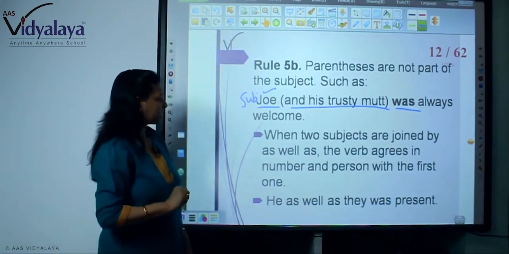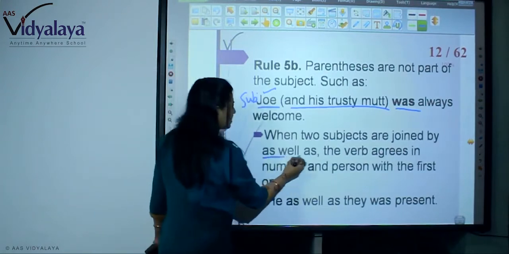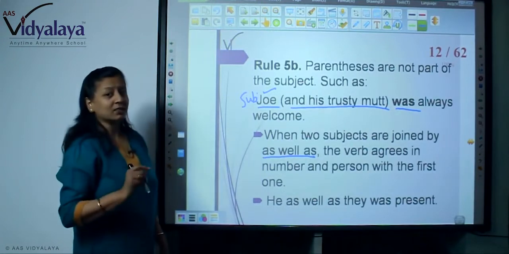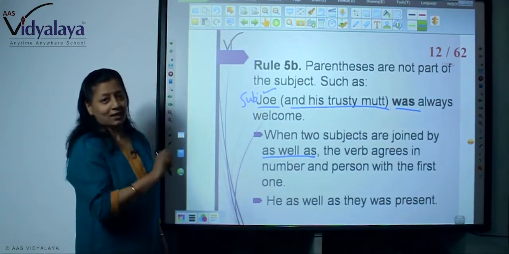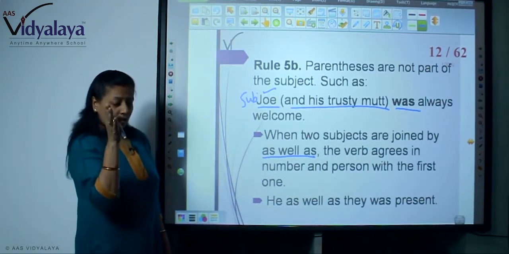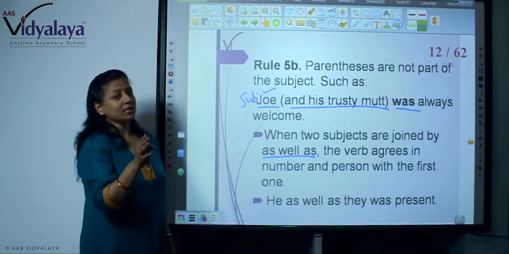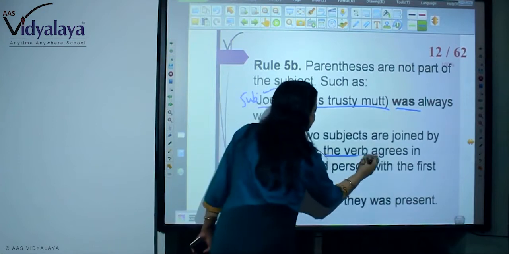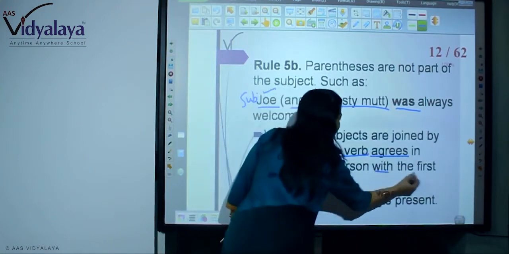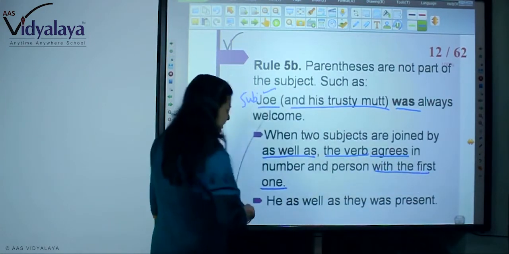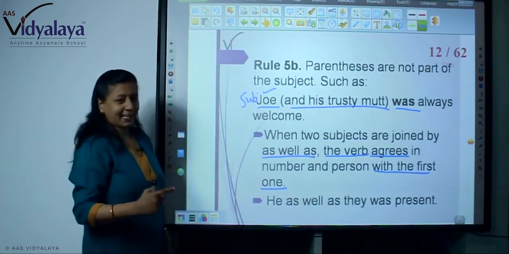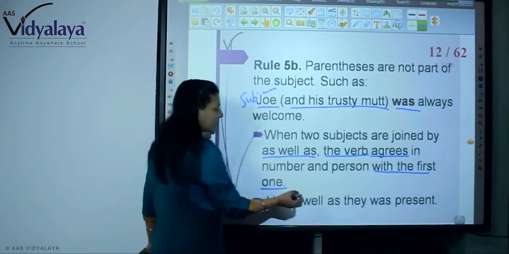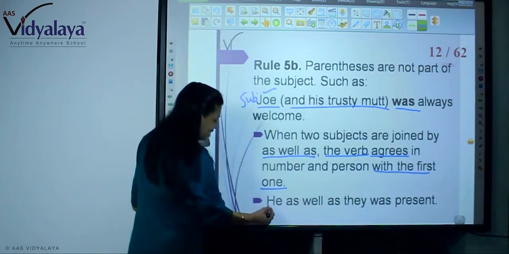So our verb is also singular. Now when two subjects are joined by as well as, the verb agrees in number and person with the first one, not with the subject that is closer to the verb. For example, the verb agrees with the first one. They say he as well as they was present, not were present.